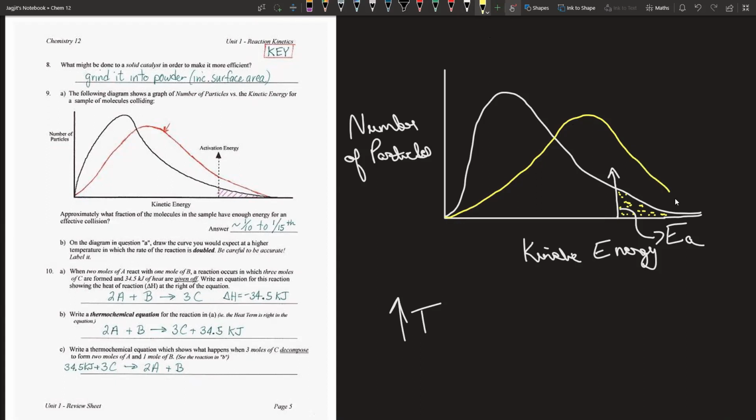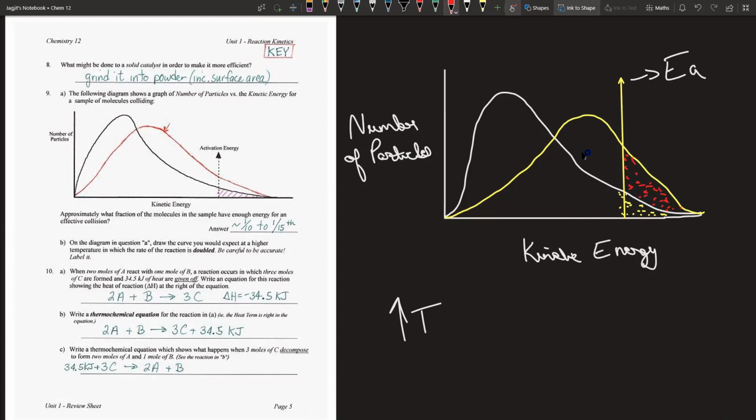Now, if I just extend this activation energy right here, so this is my activation energy. You see, in the beginning, only these guys were crossing over, but now there's a lot more guys crossing over. So a lot more guys are successful now.